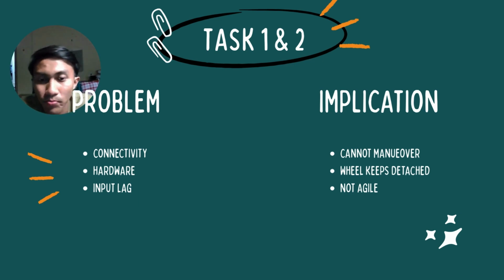Secondly, it's a very major hardware issue, and that is the wheel keeps getting off. I can say that all four wheels have detached whenever we do some simulations, but the major one is the rear left. It always detaches.